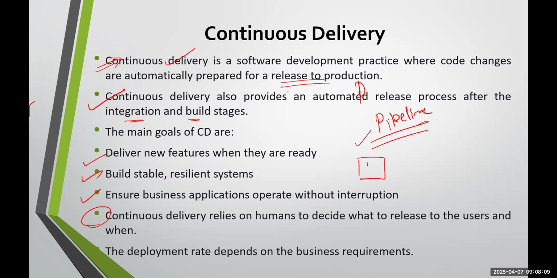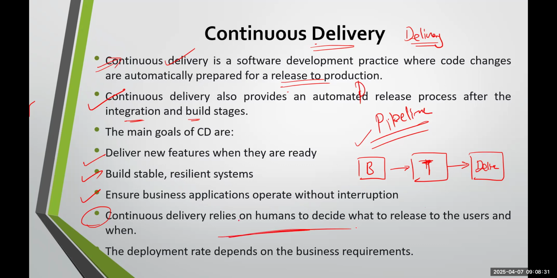Whenever the build task is complete, immediately the testing pipeline process will start. Whenever testing is complete, immediately they start the delivery pipeline. I will show you how to create a delivery pipeline and proceed with it in the Jenkins session, so don't worry about that. Previously it was a human process and now we are able to do this automatically.